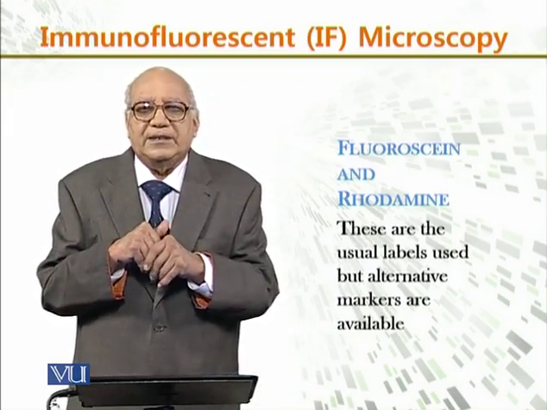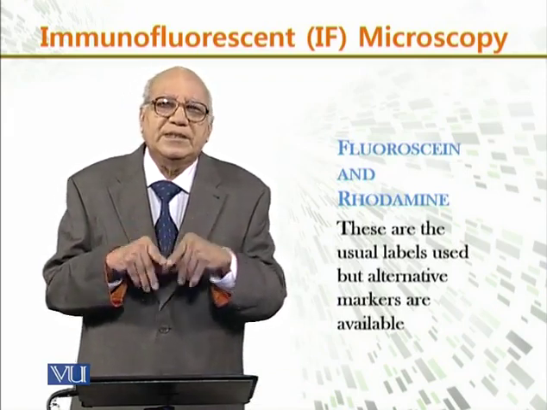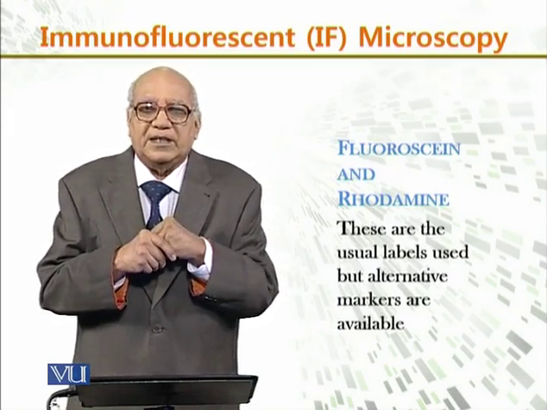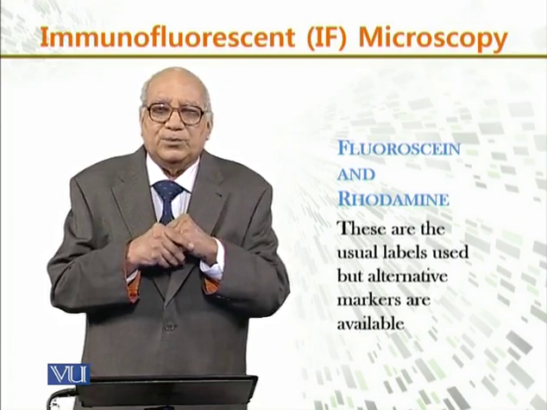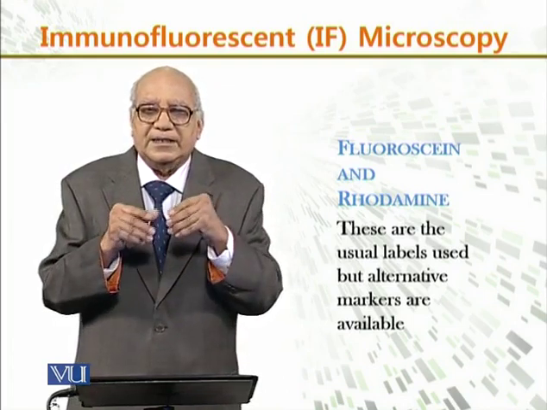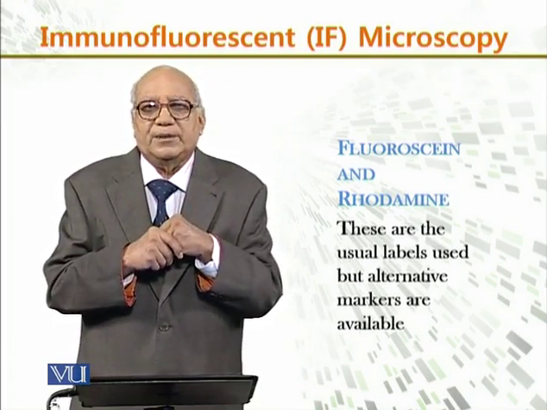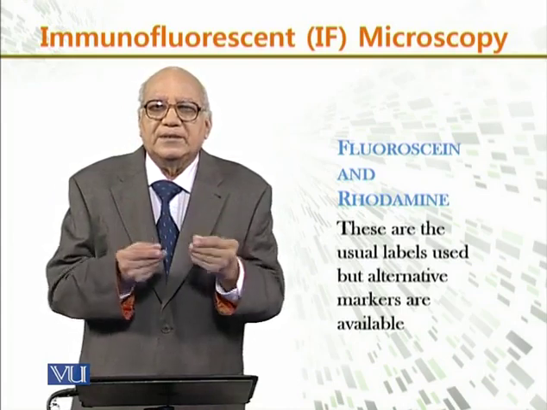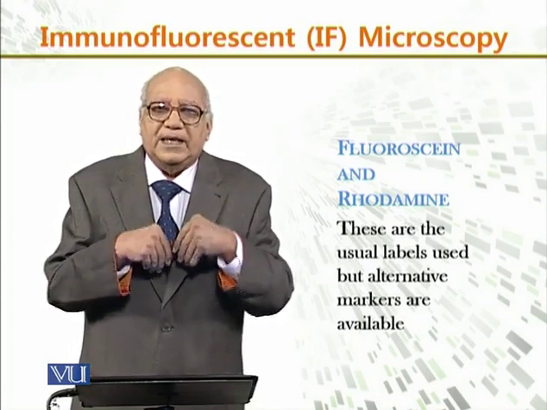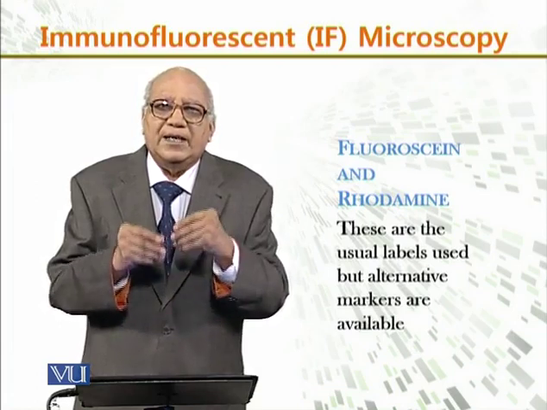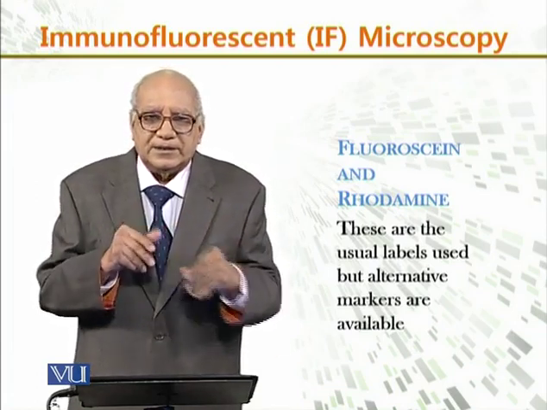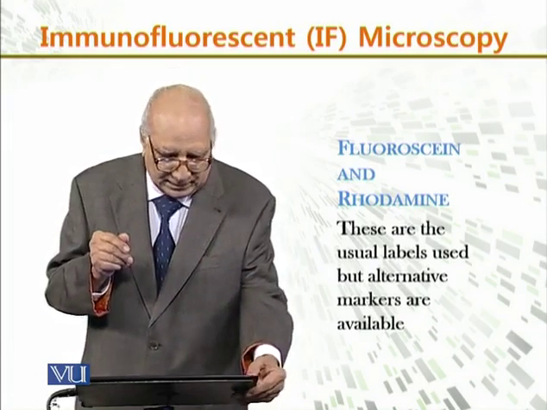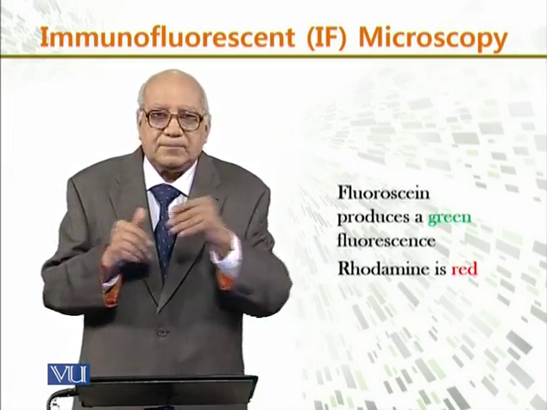Now, fluorescein and rhodamine are the two compounds which are usually used as labels, alternative to the radioactive markers which are available. They are also the labels used for determining the IF.